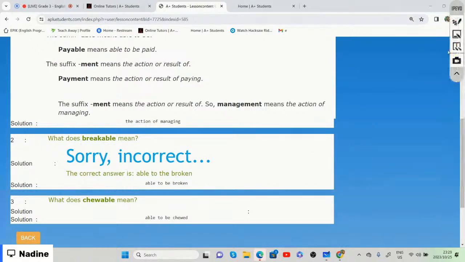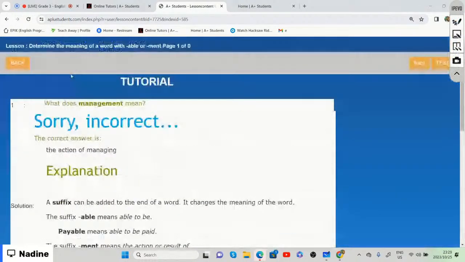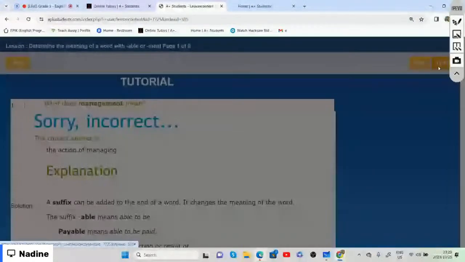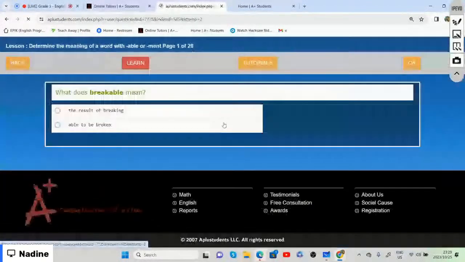All right, so now we're going on to our test, where we are going to determine the meaning of a word with able or ment. What does breakable mean? Is breakable the result of breaking something, or is it able to be broken?